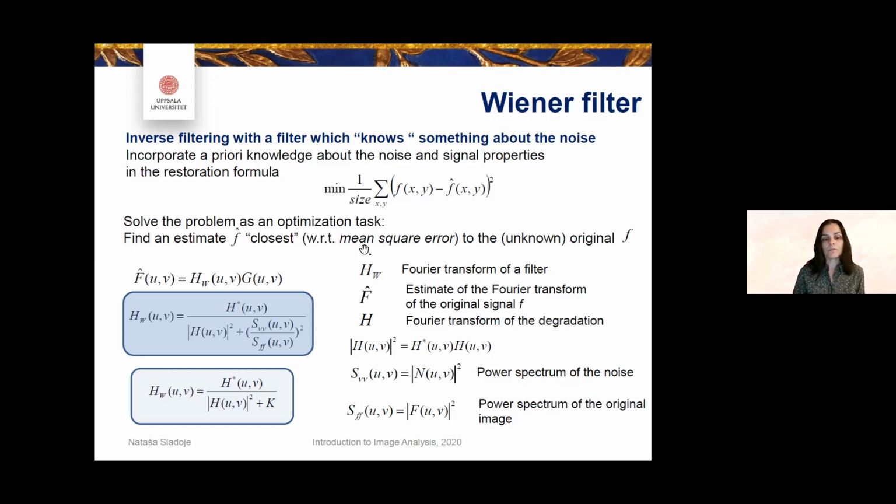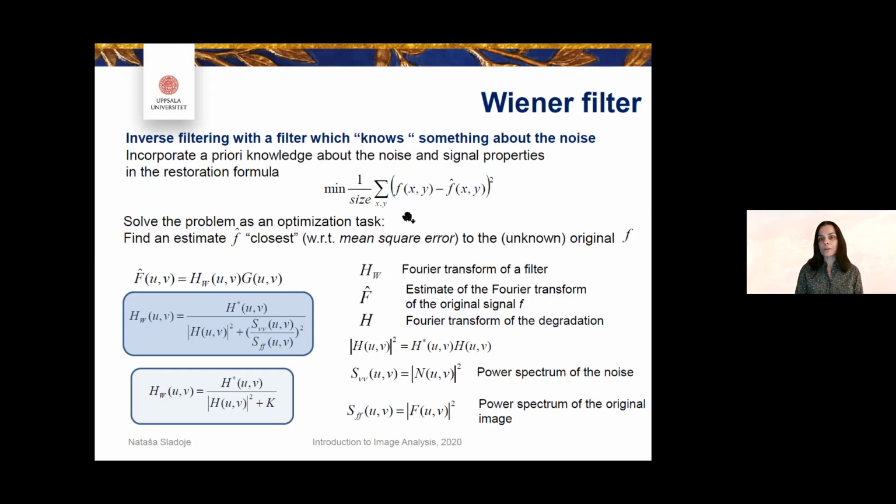One such criterion is quite an intuitive one, and in a way already formulated before. That is that we want to recover our image so that the recovered version is as close as possible to the original one.